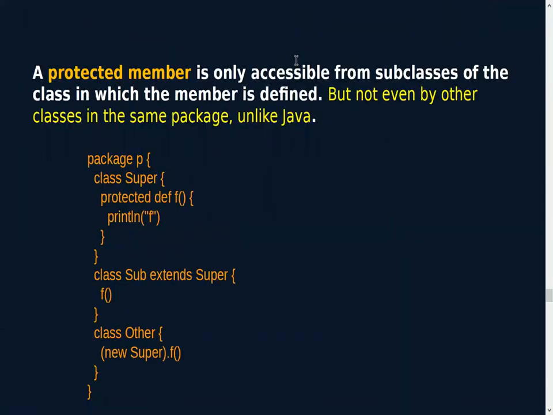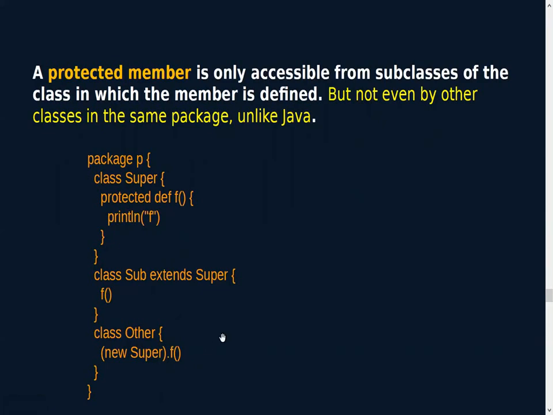Next, if you declare anything as protected, it will be available only in the subclasses of that class. Let's say I have a class Super. Inside that I have a function f marked protected, and this f I can only access inside my subclass which extends Super.